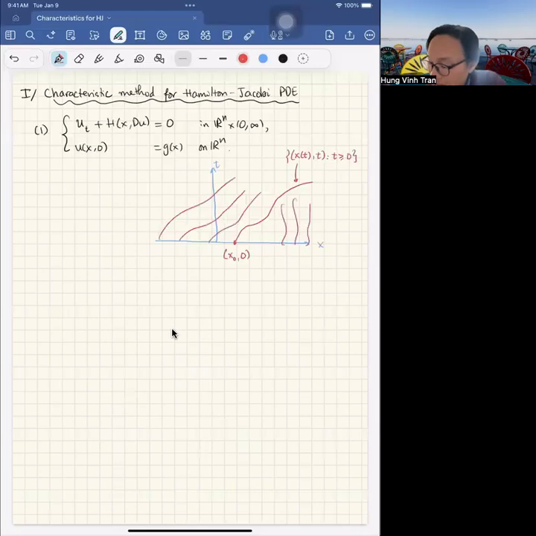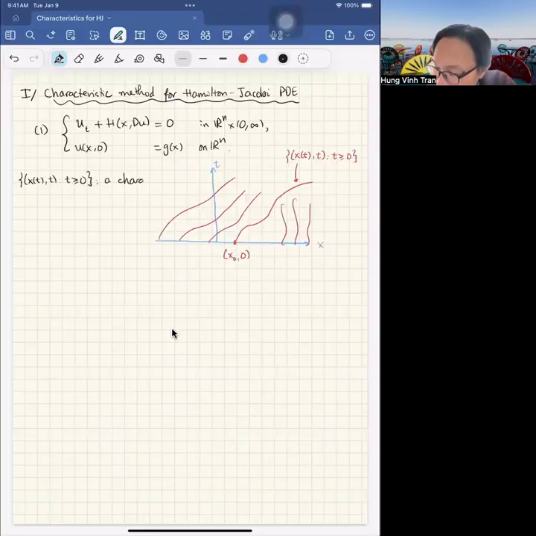Okay, so along this curve, let me recall quickly again, the curve x(t), t greater than 0, is called a characteristic.